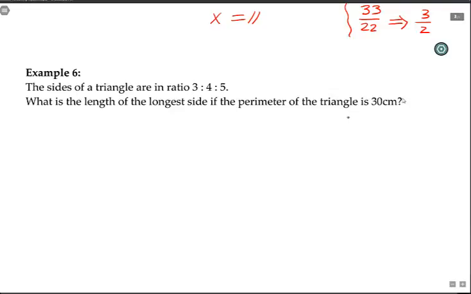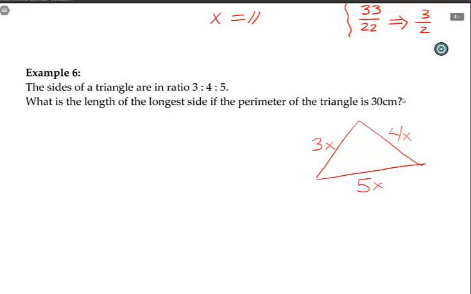So let's draw our triangle here. 3, 4, 5. I'm going to call this side my 3x side, this side my 4x side, and this side looks to be my longest as my 5x side. I know it's maybe not drawn completely to scale, but we still can try to work through this.